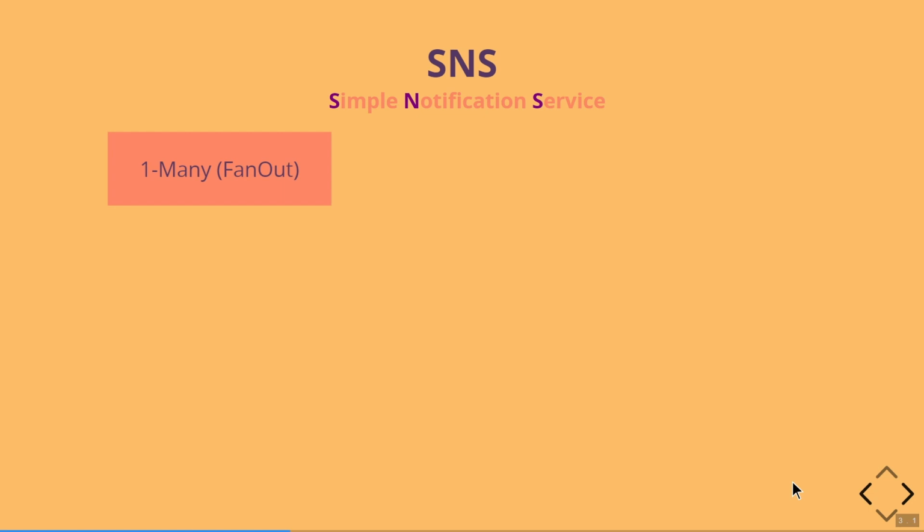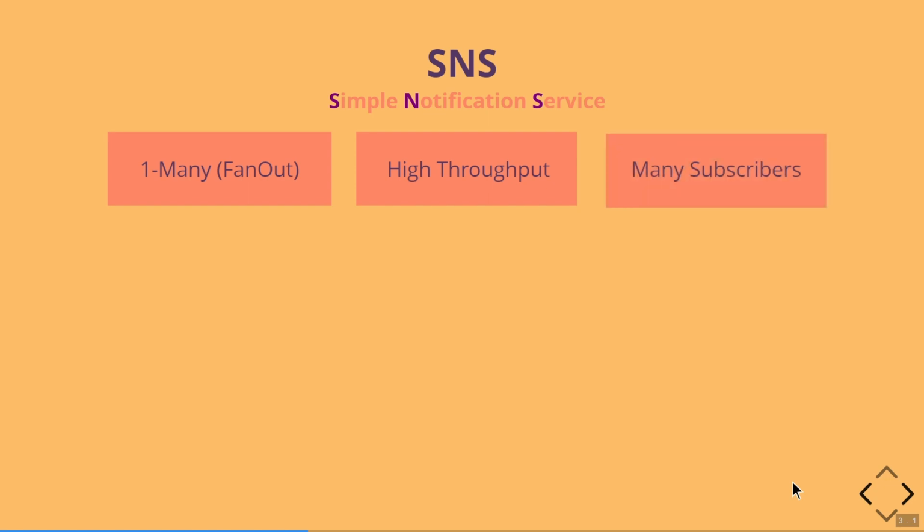The major difference of SNS over SQS is that it allows one-to-many communication, which we call fan out. That is, one publisher takes that message and fans it out to all the different consumers who are interested. With this, it provides high throughput and allows many subscribers, which was not possible in SQS as it was 1:1.